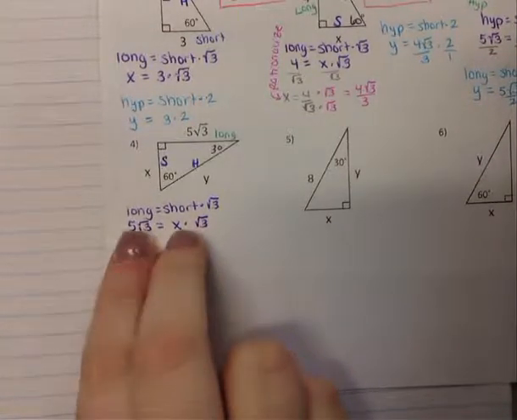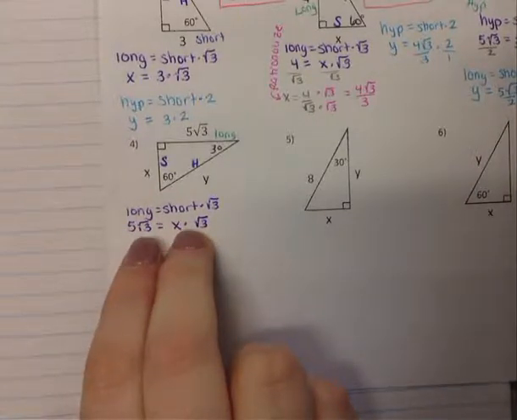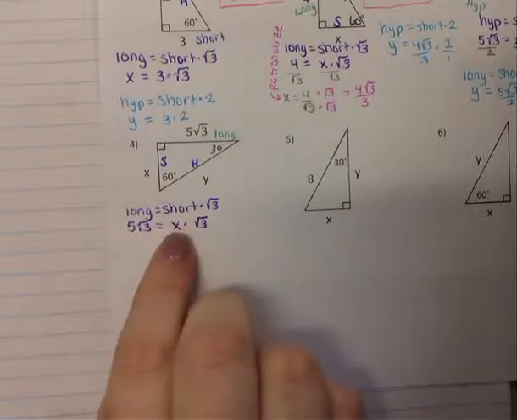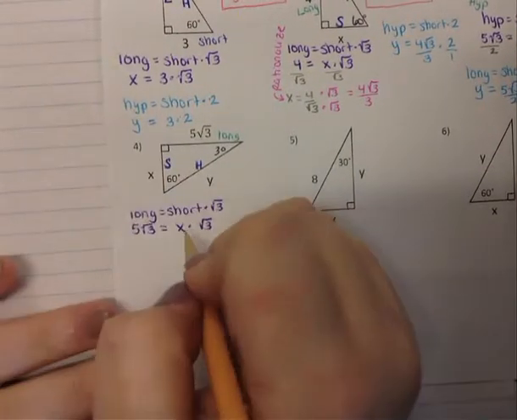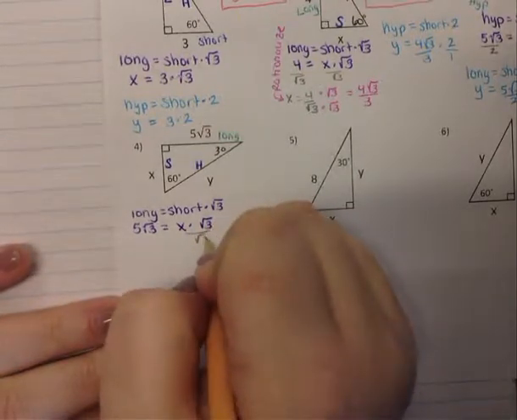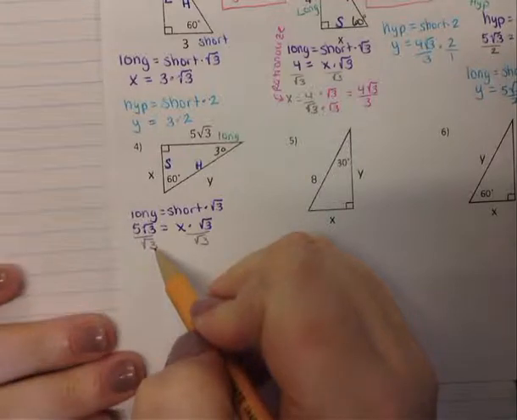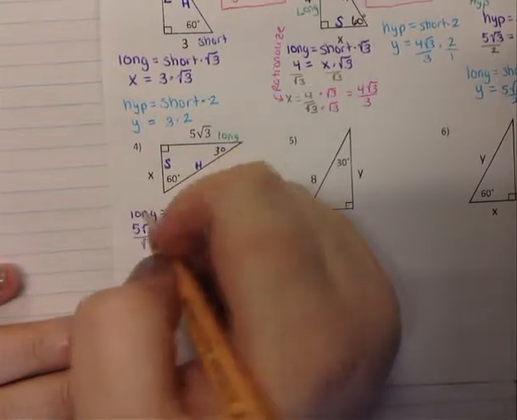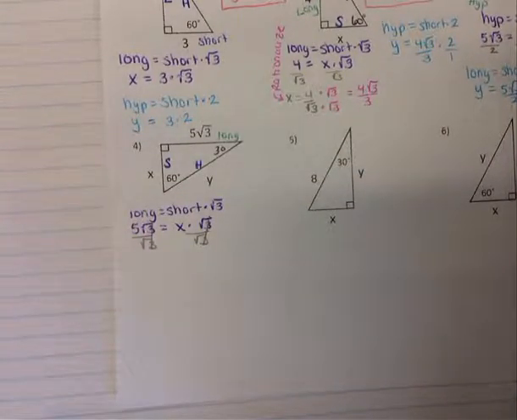So what value of x would make the left and the right be the exact same? The only value that would make them the same would be 5. You can divide by the square root of 3. You do not have to rationalize in this case because you can simplify the square root of 3 with the square root of 3. So x would actually just equal 5.